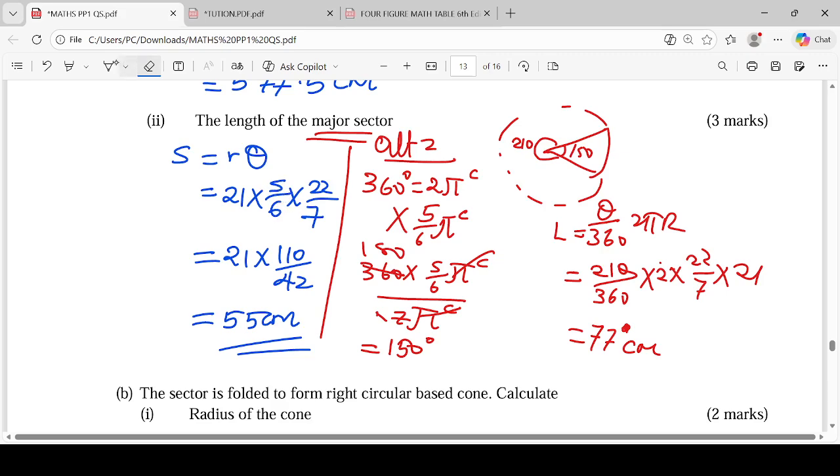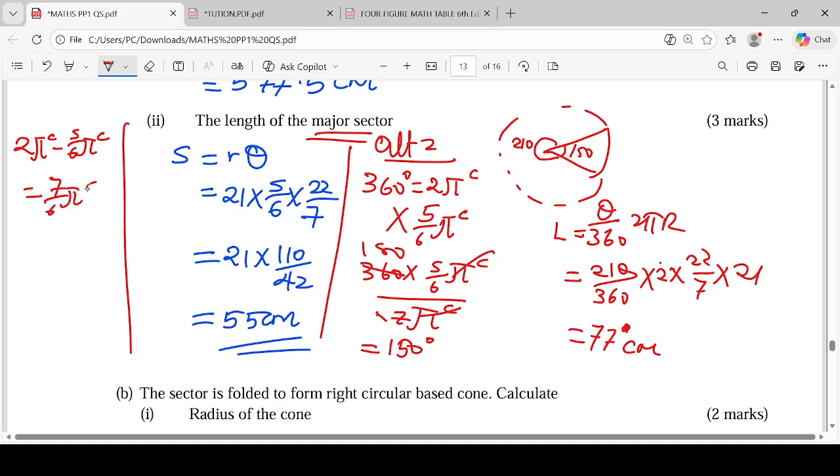I could have said, because the total angle should be 360, which is 2 pi radians, the angle I should have used is 2 pi radians minus 5 over 6 pi radians. When you take 2 minus 5 over 6, I should have remained with 7 over 6 pi radians.